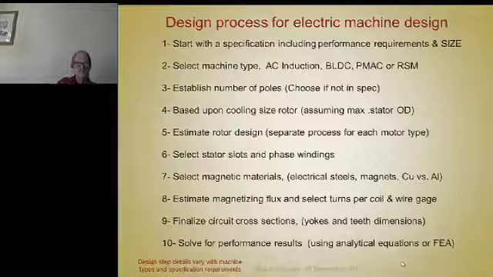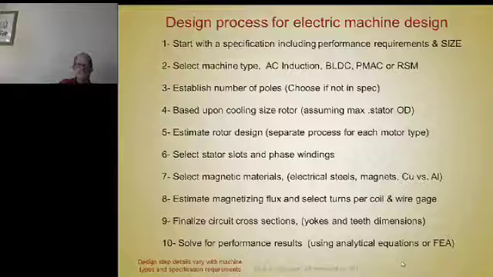It might be an established maximum. If it's an induction motor and you're going to use it with a certain inverter that already exists, it might be specified. But I think the designer should always push his customer, his boss, his inverter partner. He should always push to maximize the number of poles.